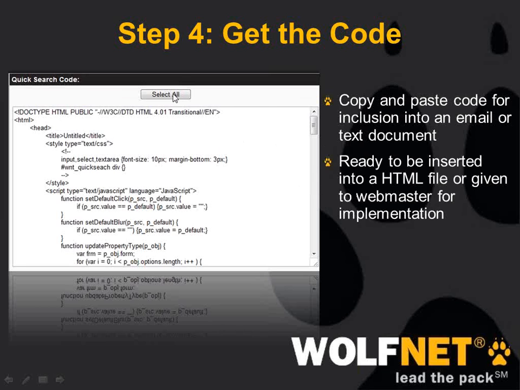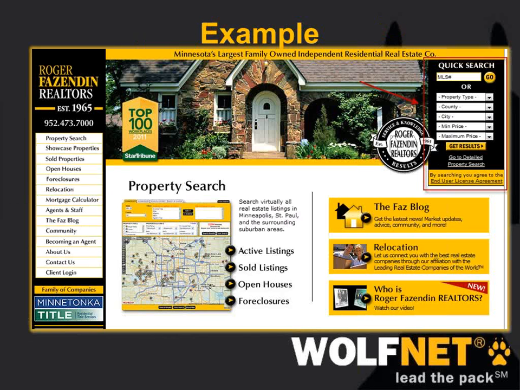You can just grab all the code by hitting select all, right-clicking and doing a copy. You can either paste that into a text document or an email, or a webmaster usually has back office credentials if they're doing any work for an agent, and they can definitely do this themselves.